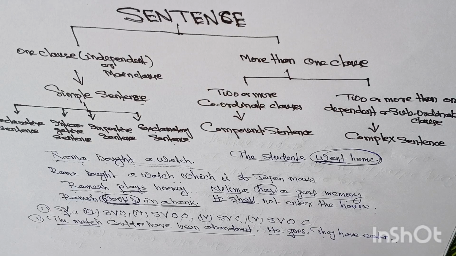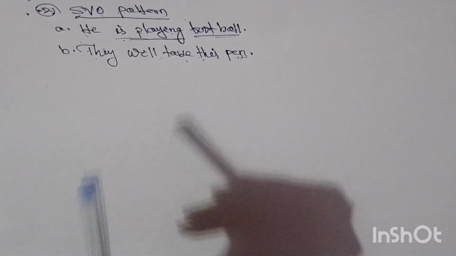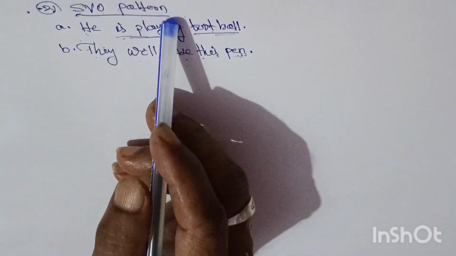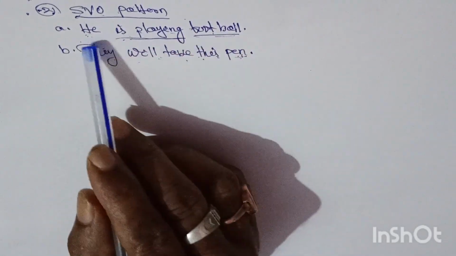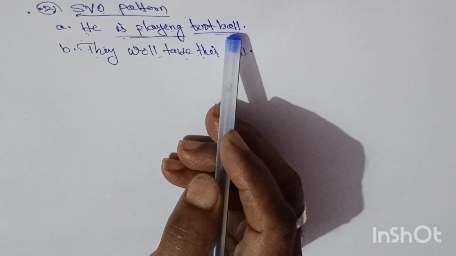Now students, before we discussed the SV pattern, now comes the SVO pattern. The SVO pattern is subject, verb and object. Example: he is playing football. Here the subject is he, is playing is the verb, football is the object.